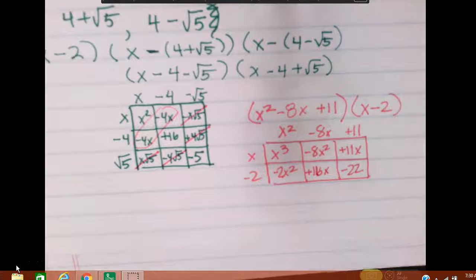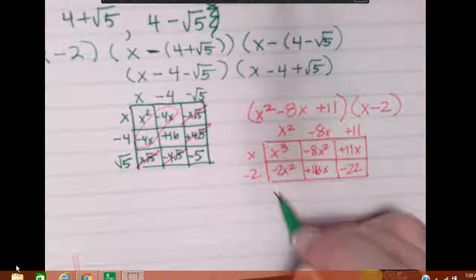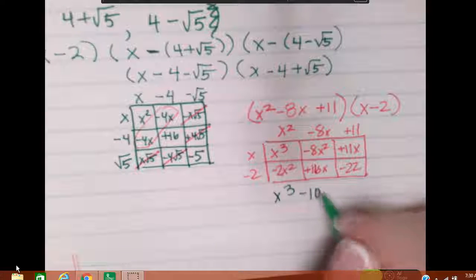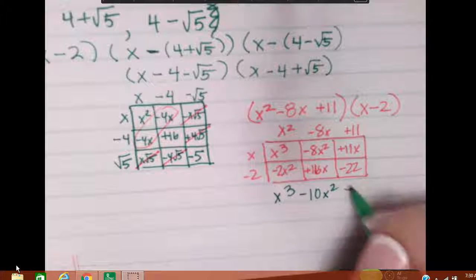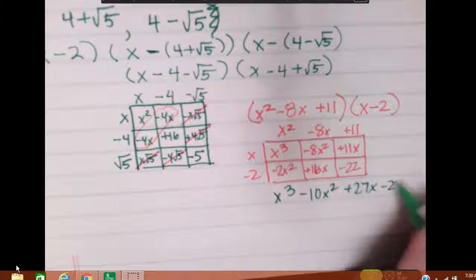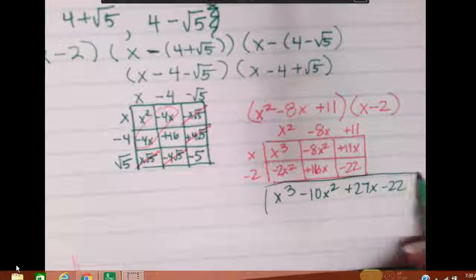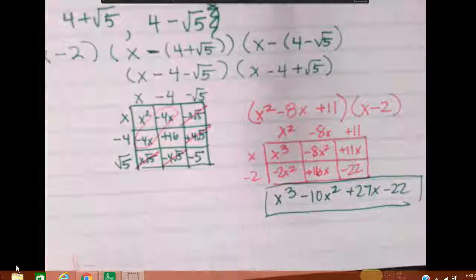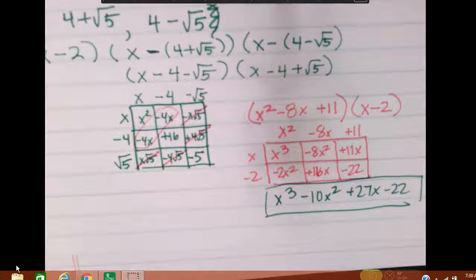So that is going to give me x cubed minus 10x squared plus 27x minus 22 is my final answer. This is the polynomial that has these 3 things as zeros.